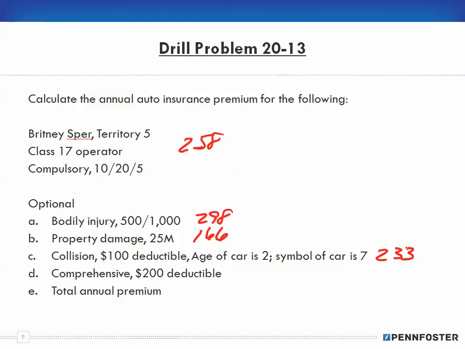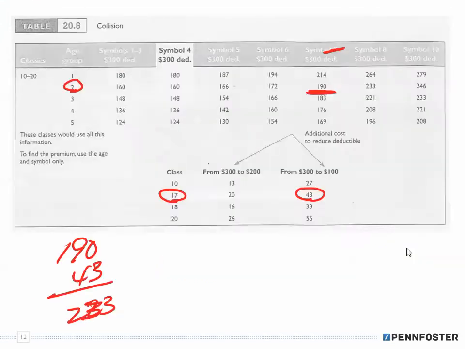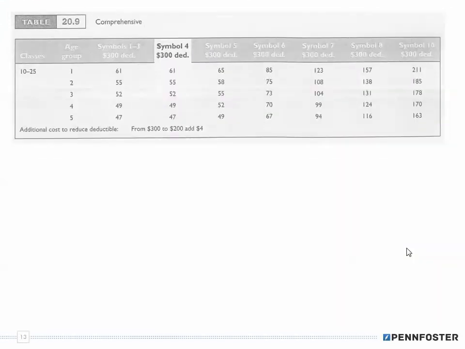Now we come down to comprehensive, and we see that we have a $200 deductible for that. We're still looking at age group 2 and underneath symbol 7. So that's 108.